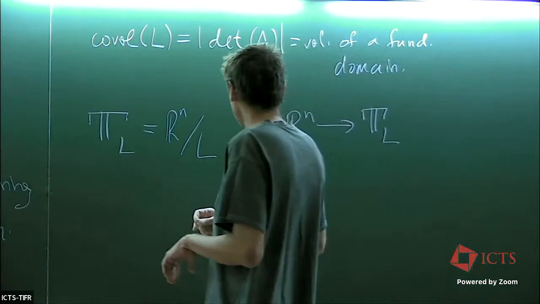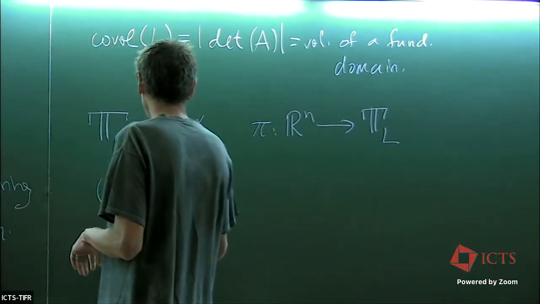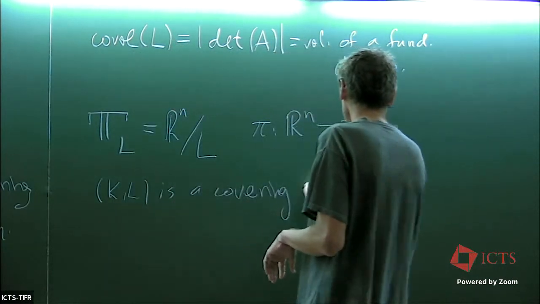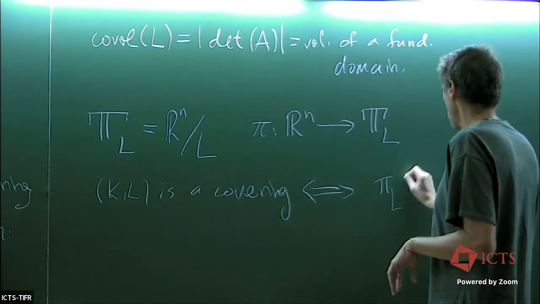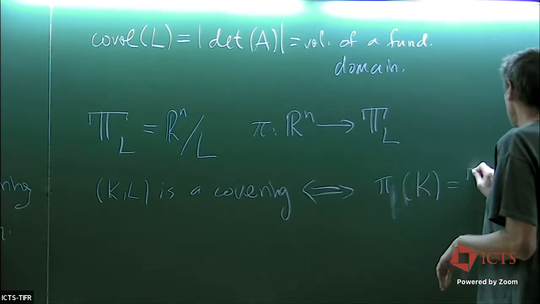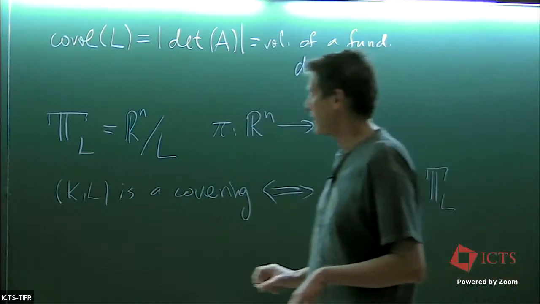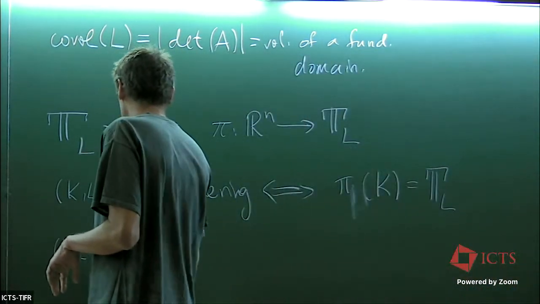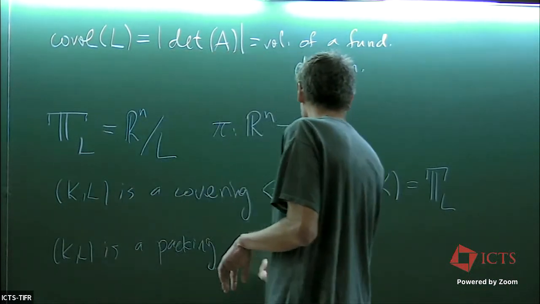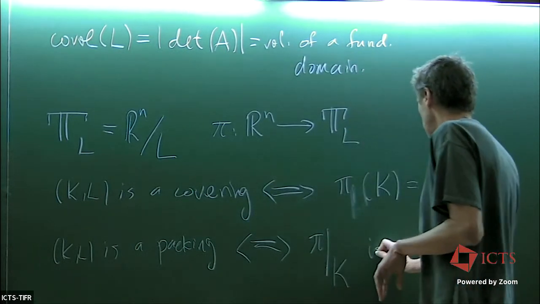And so in this situation, KL is a covering if and only if K is projected onto the quotient, and K is a packing if and only if the restriction of pi to this set K is injective.